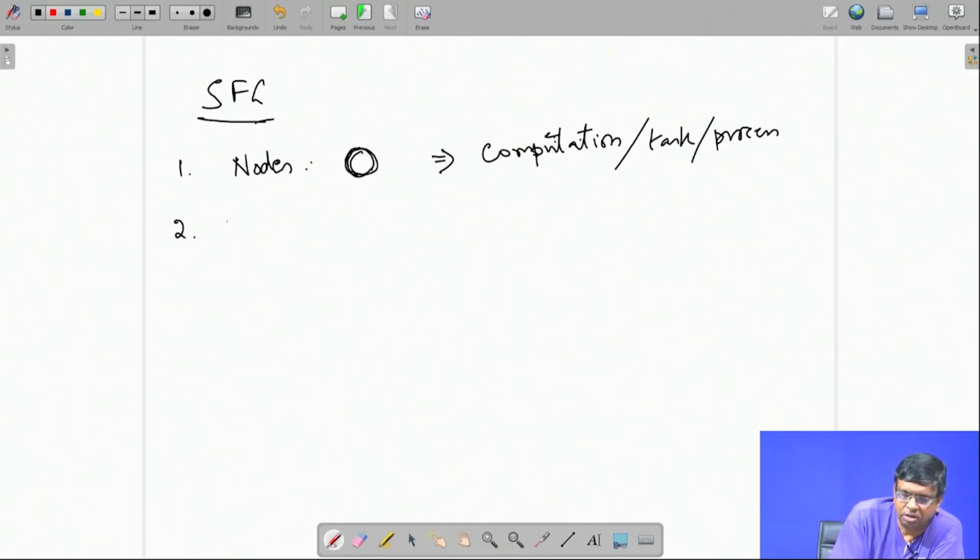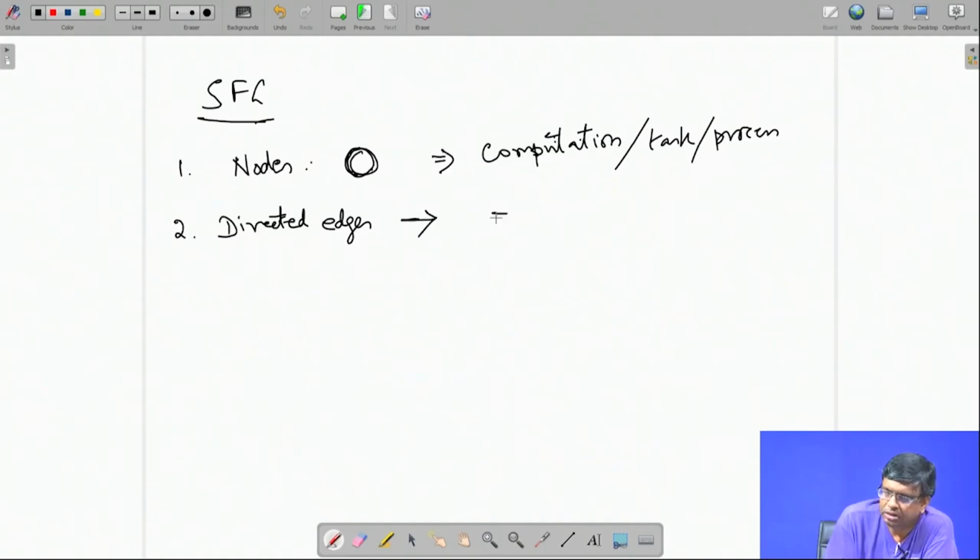Another is called directed edges, indicated by this. It indicates flow of information.